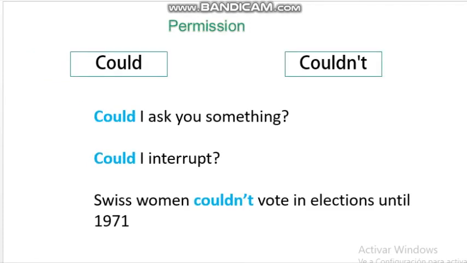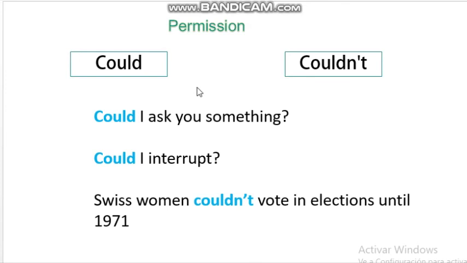Now we are going to see another modal that gives us permission: could in positive and couldn't. We also use could to ask for permission, but not to give it. That means that you ask, not give. Could is more formal and polite than can.